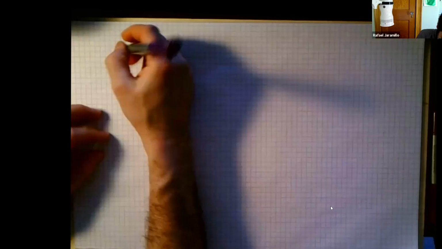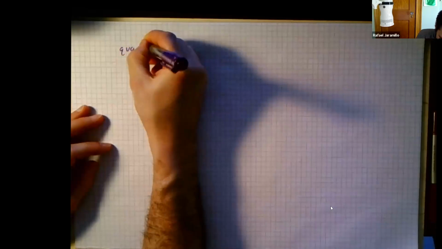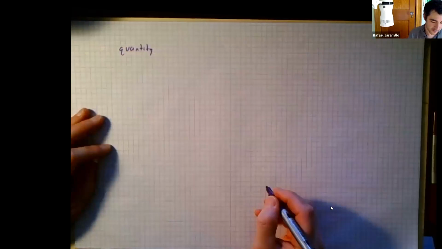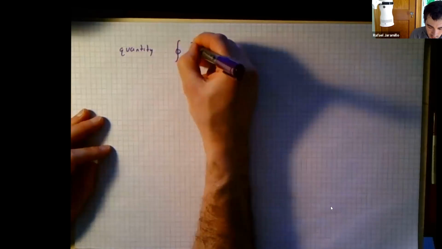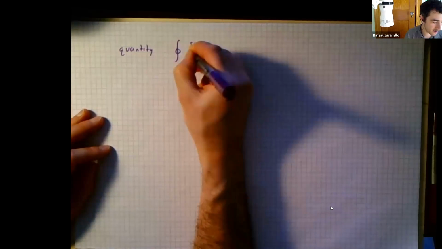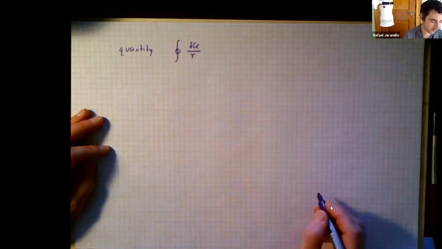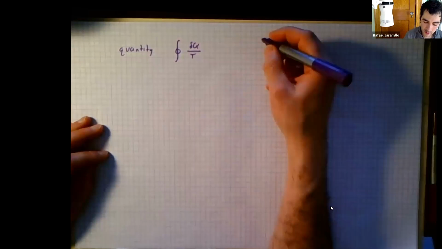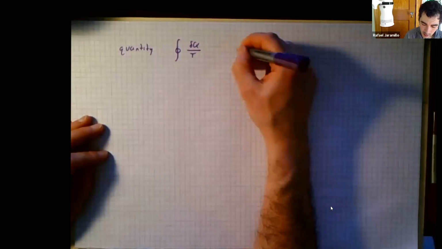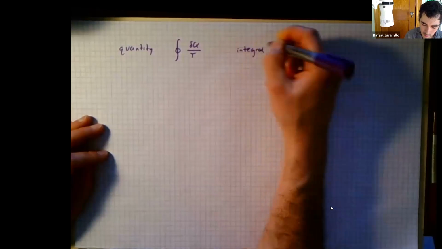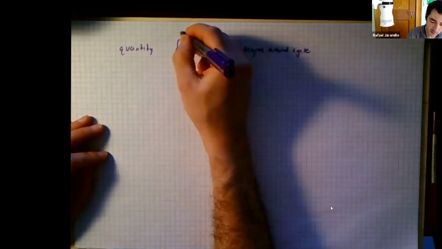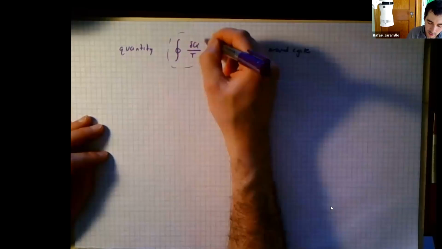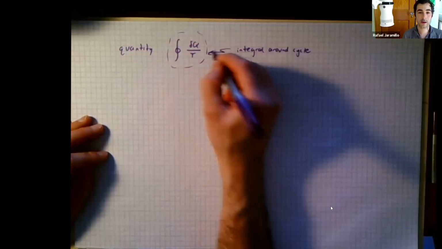And here's where we get to something which puts us on the road to the second law of thermo. We're going to consider this quantity, delta Q over T. And for now, just bear with me because this is probably seeming random. The notation here, the integral sign with a circle in the middle, means we're going to integrate that around the cycle.